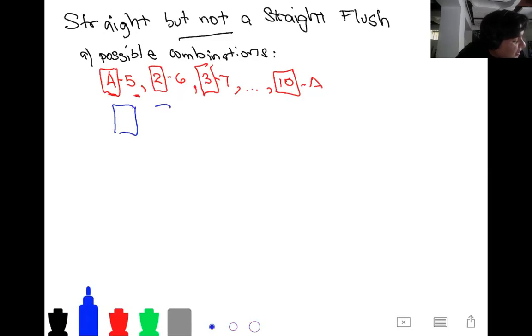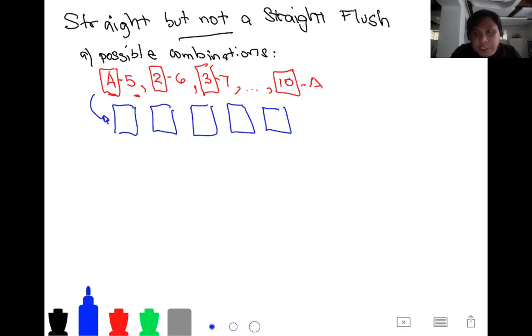1, 2, 3, 4, 5. So for the first position, we actually have from A all the way to 10. That is actually 10 possible choices for the first card.